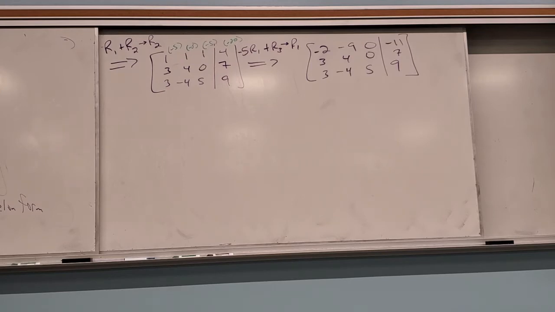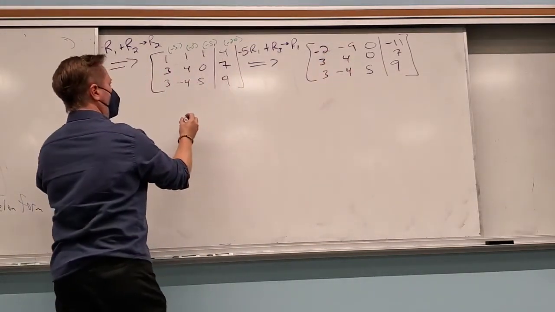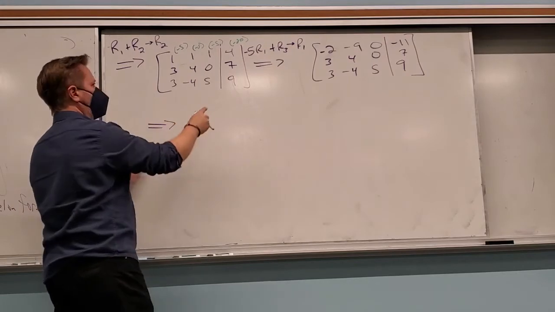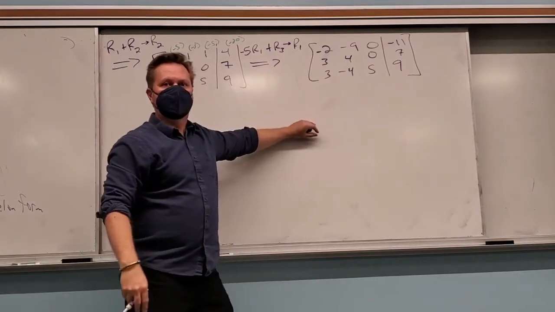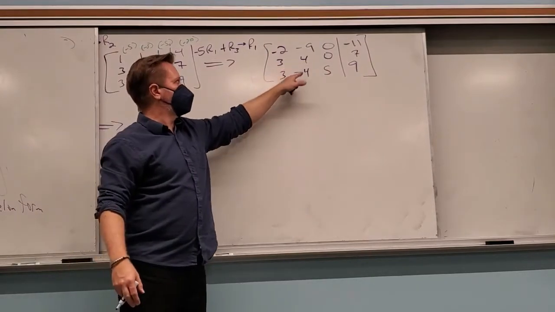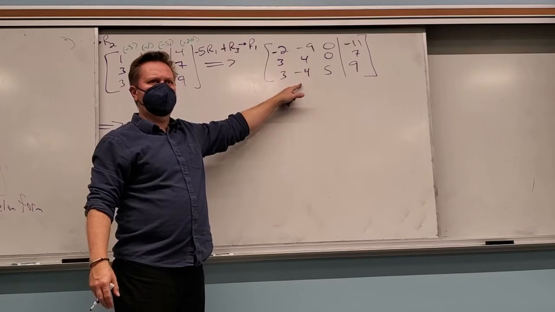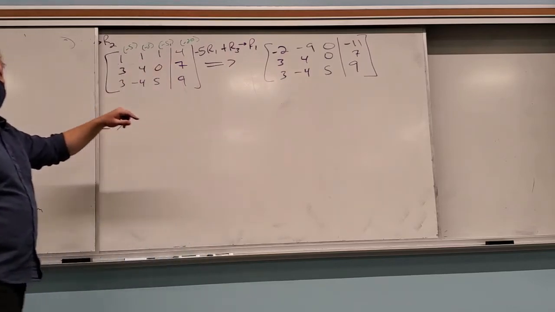How can I get a 0 immediately in that next column? Here. If I add row 2 and row 3 together, don't these make 0 here? Where do I want that 0 to show up?